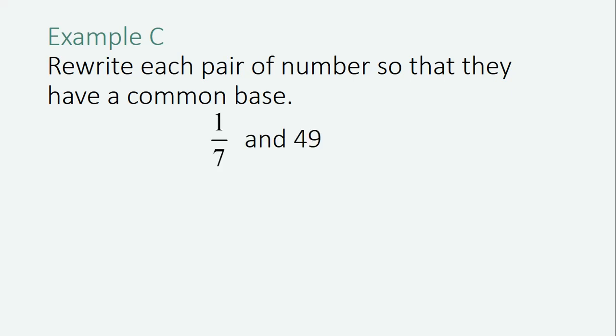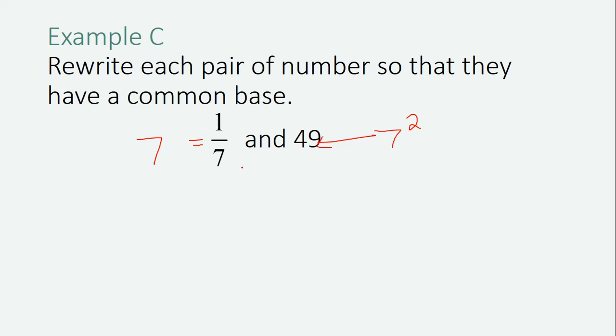And then sometimes ones that look absolutely not like one another at all, you have to make them match. So 1/7 and 49. Well, I know 49, right, is 7 squared. So I need to somehow come up with 7 to some power that gives me 1/7.